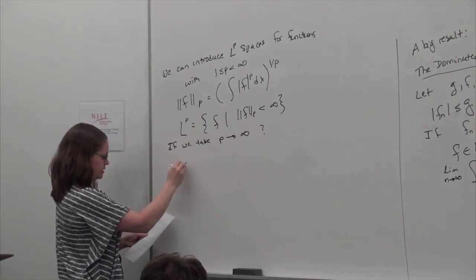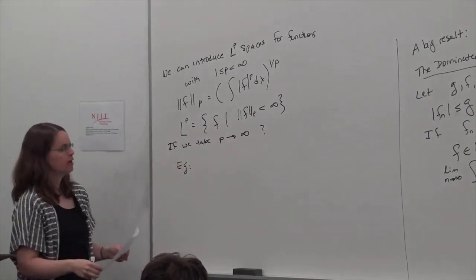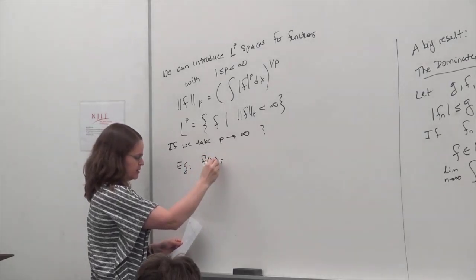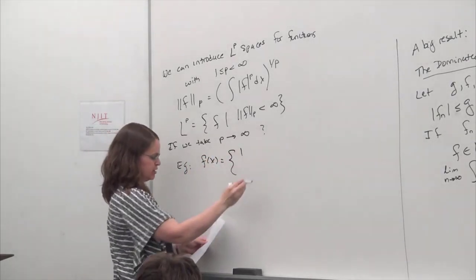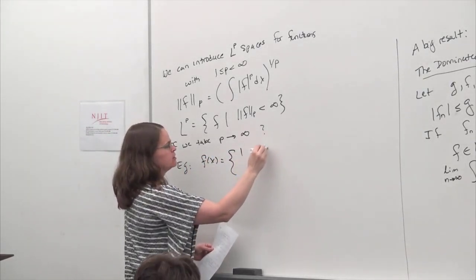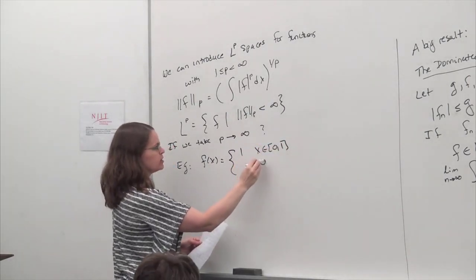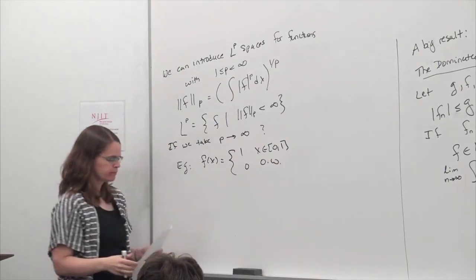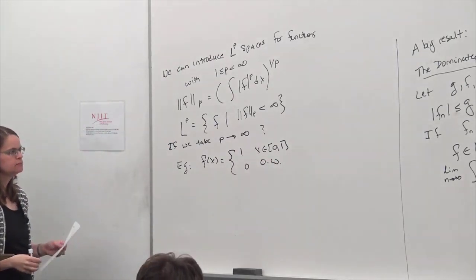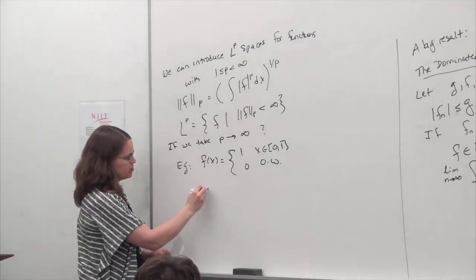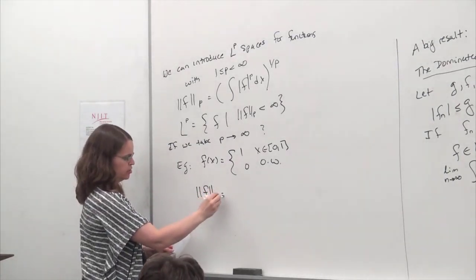All right, I'll take a simple example, which will do what we expect it to do, and then we'll change it a little bit. So let me just take a simple characteristic function. It's 1 between 0 and 1 and 0 otherwise. The LP norm of this is very easy to compute.